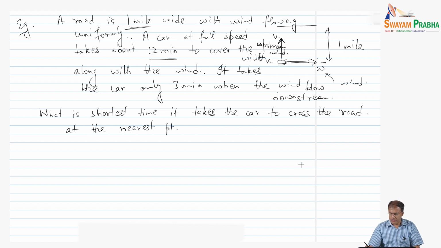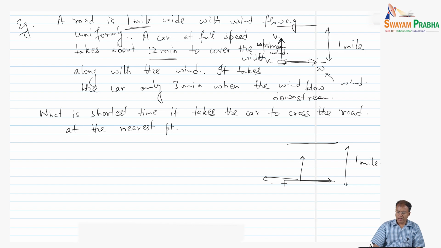So again, let us redraw the diagram. So here we have a road which is 1 mile long, right? And the car needs to go across the road, right? So the problem is that a wind is blowing, and either the wind is blowing downstream or the wind is blowing upstream, right? So when the wind is blowing upstream, it is actually pushing the car.